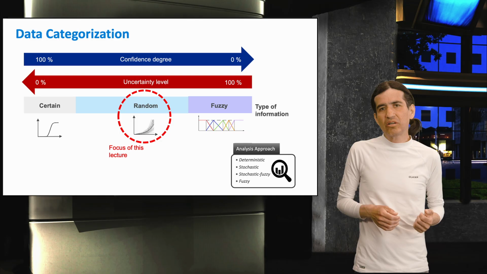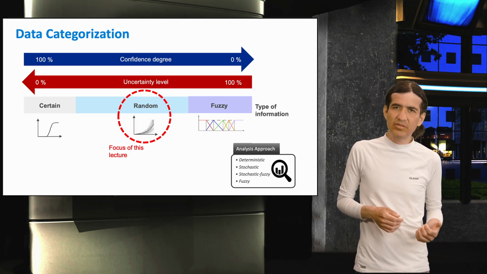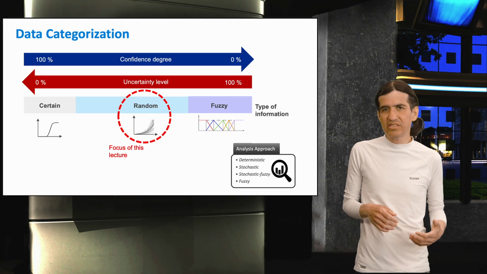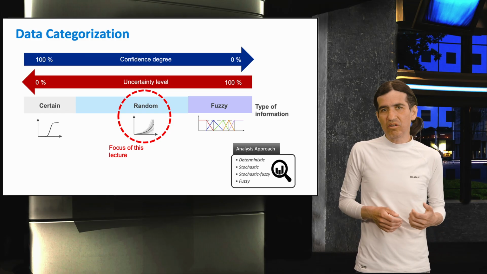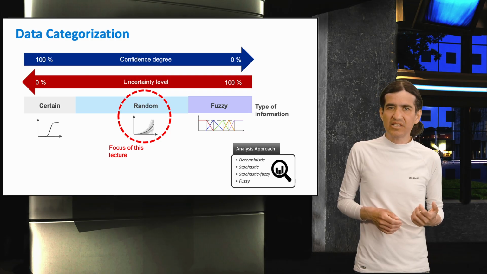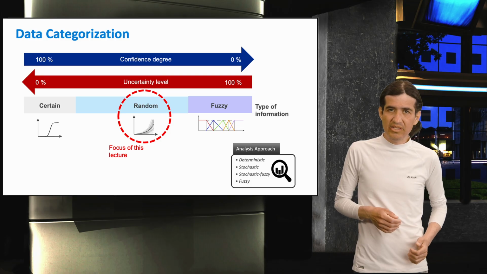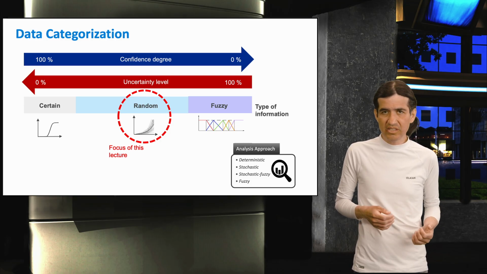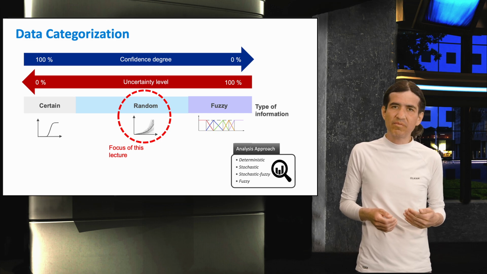For moderate confidence and uncertainty, where data is partly random but also imprecise, a stochastic fuzzy approach is appropriate. Finally, when confidence is low and uncertainty is high, often due to vague or incomplete information, the data is considered as fuzzy, and fuzzy power flow methods are used to model this lack of precise knowledge.